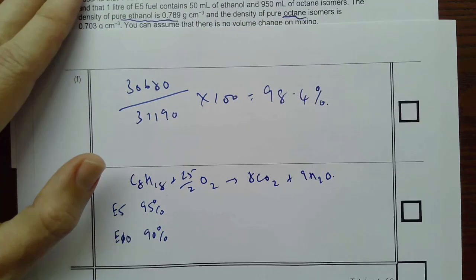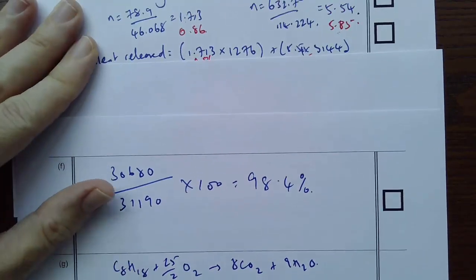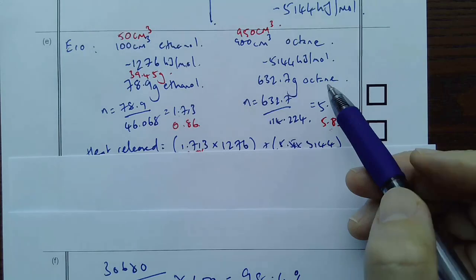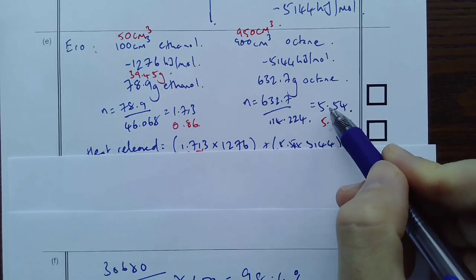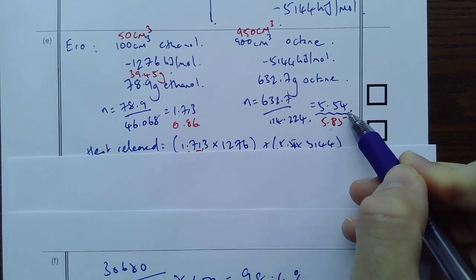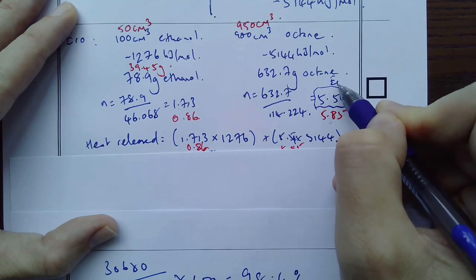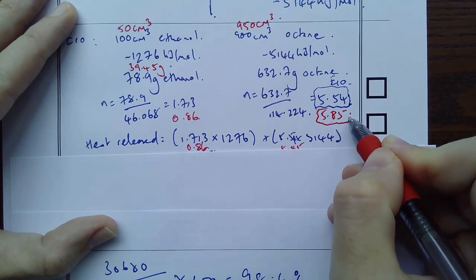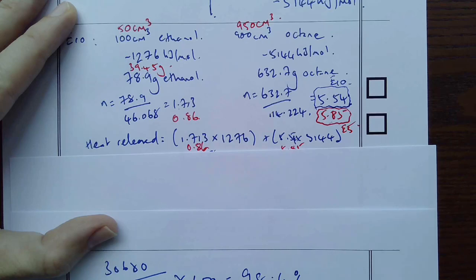So I get a slightly lower amount. Okay, and in fact, I have worked out the number of moles, because I can go back over here and I can see that the moles of octane in E10 is 5.54. That's my E10. And the moles of octane in E5 is 5.85.